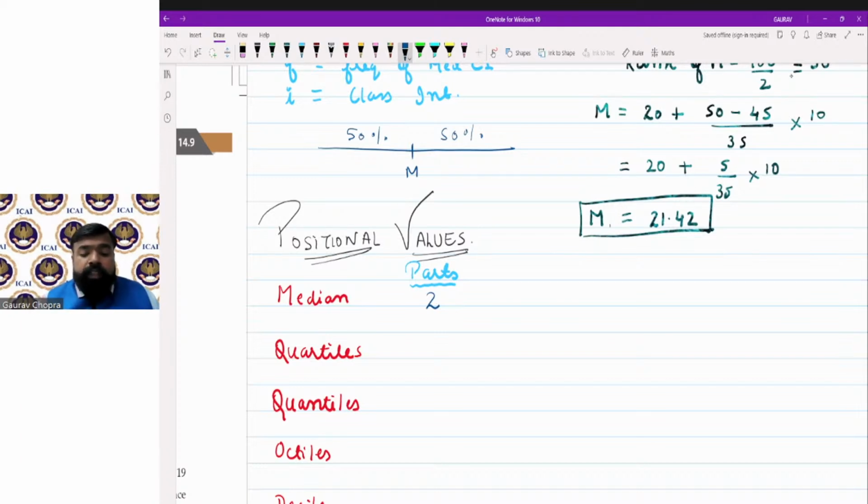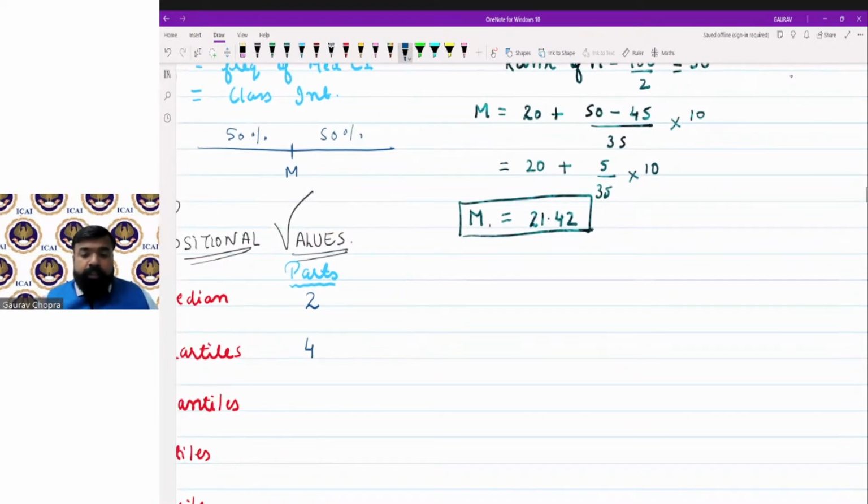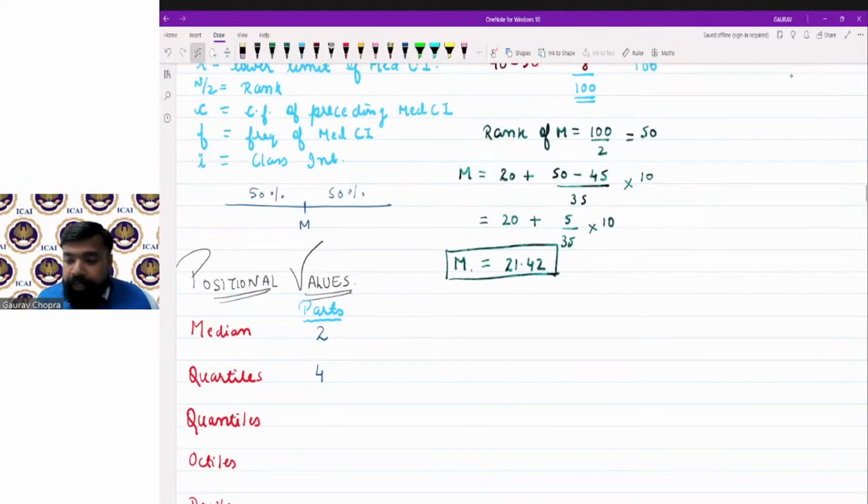Then quartile. Quartile divides an arranged series into four equal parts. For dividing into four parts, how many quartiles are required? See, these are the four parts: Q1, Q2, Q3. So three quartiles are required for making four parts. Since all the parts are equal, we can write 25% for each part.